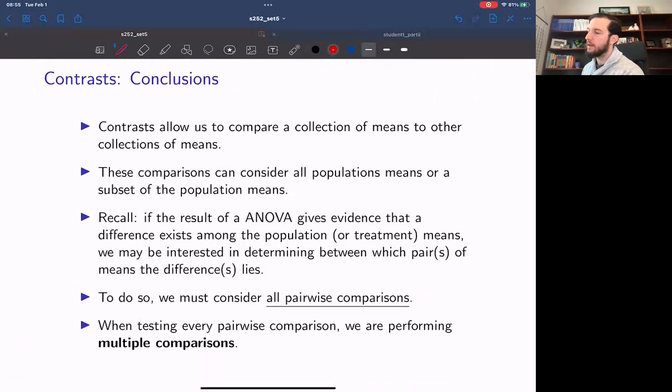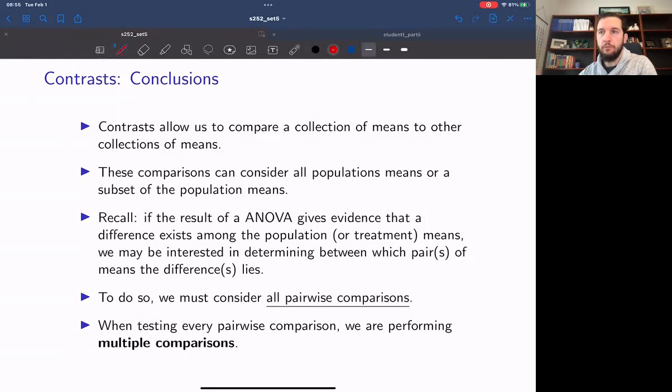All right. Now, as a reminder, the general idea, a contrast is a tool that allows us to compare any number of means within the data or populations of interest. I guess within the data set of interest or within the problem of interest. In order for the contrast to be valid, you have to have a linear combination of the means where the coefficients sum to 0, right?